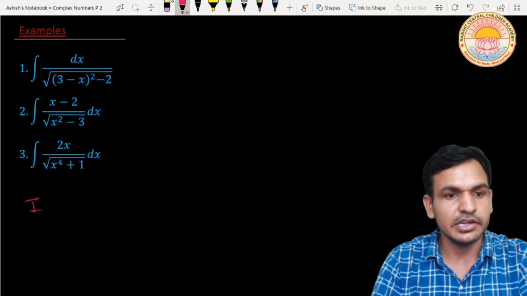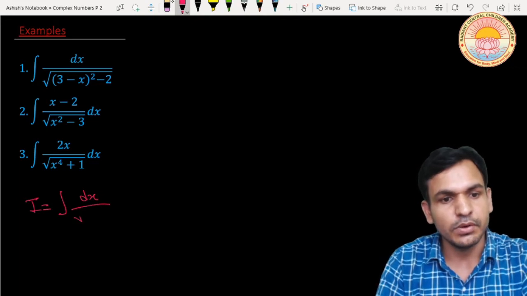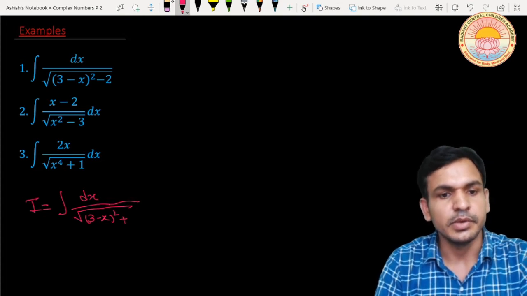So the first integral is I is equal to integral of dx upon square root of (3 minus x) whole square plus minus 2.